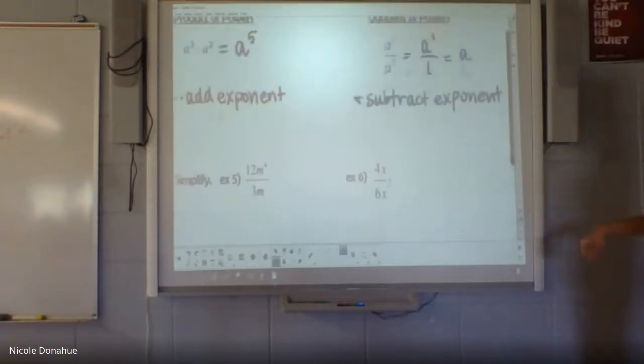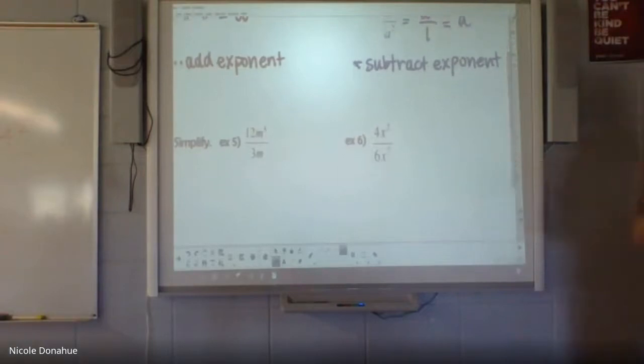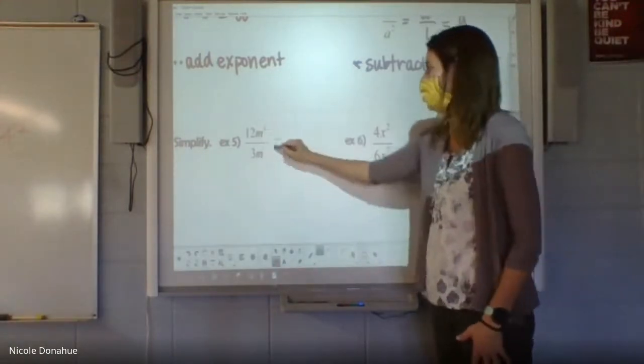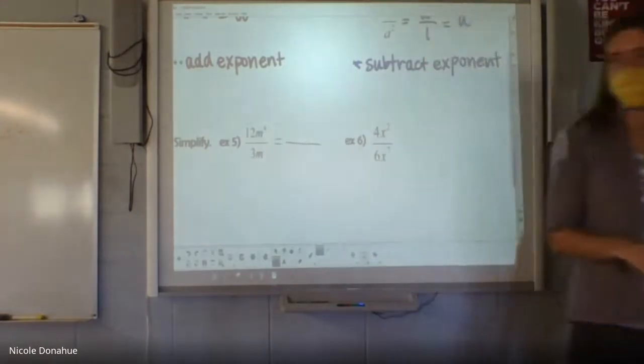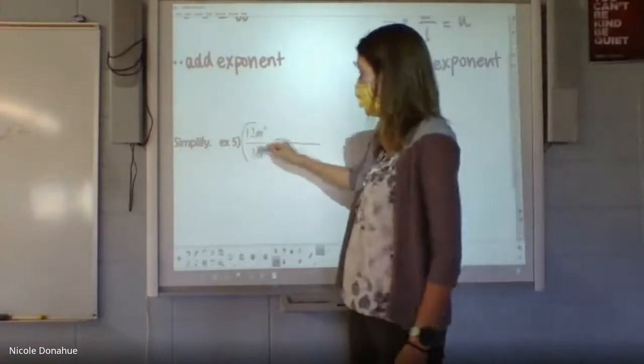Everyone got that? We're going to do a few examples here, then we'll get our whiteboards. Okay, so we're simplifying here. 12 over 3 is 4. Very good.